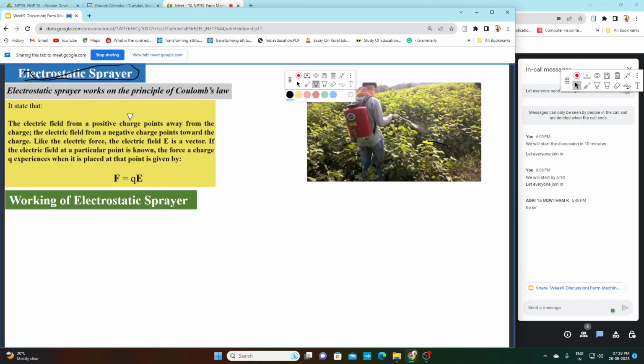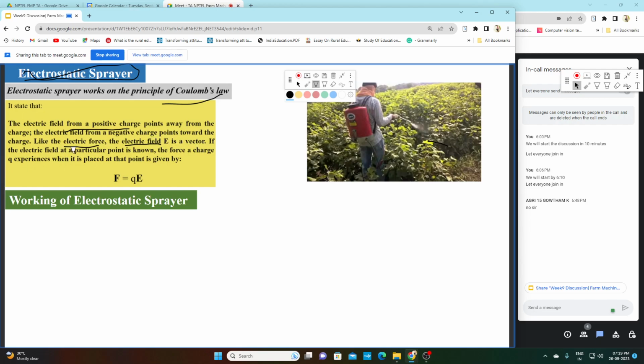Electrostatic spraying works on the principle of Coulomb's law. What is this Coulomb's law? The electric field from a positively charged point points away from the charge, whereas the electric field from a negative charge points towards the charge. Like the electric force, the electric field E is a vector.